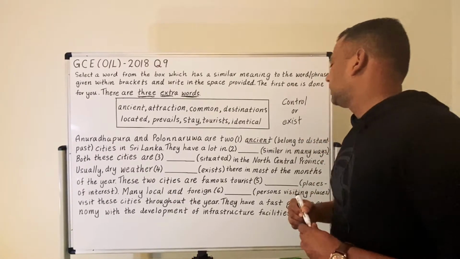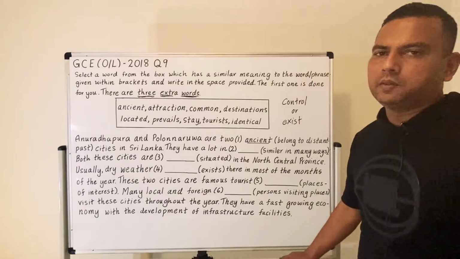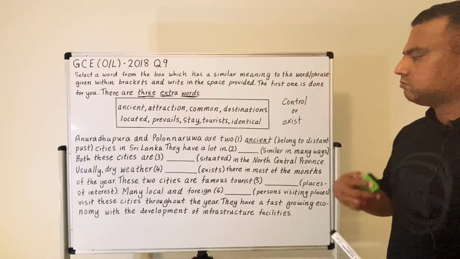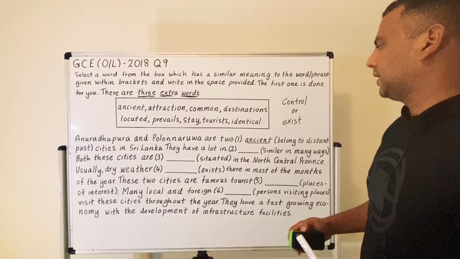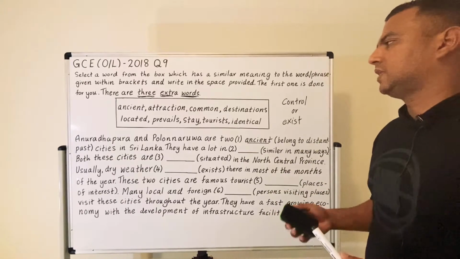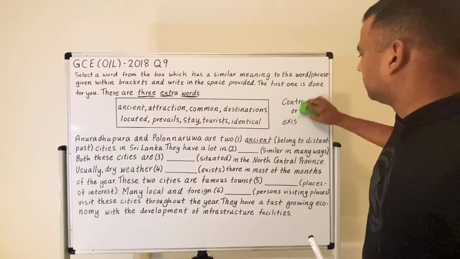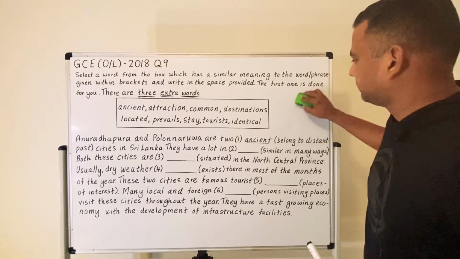Okay, something which we can find in a certain place. That is the kind of idea that we get from the word prevails.